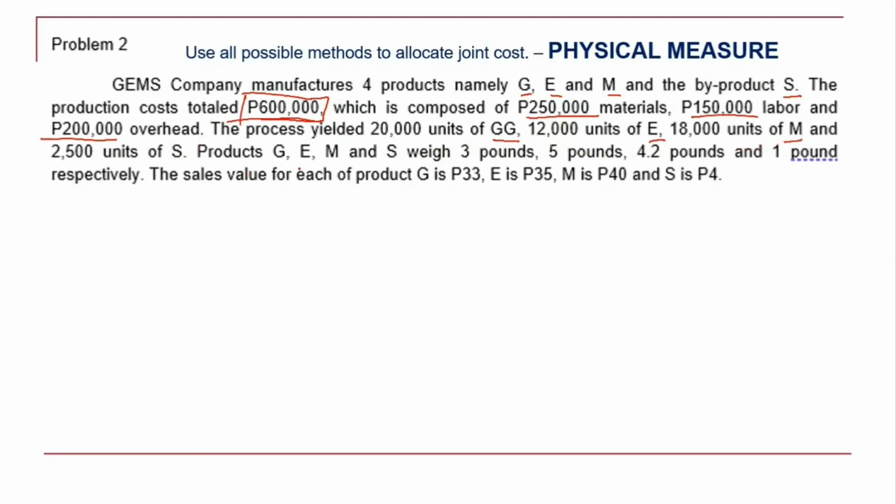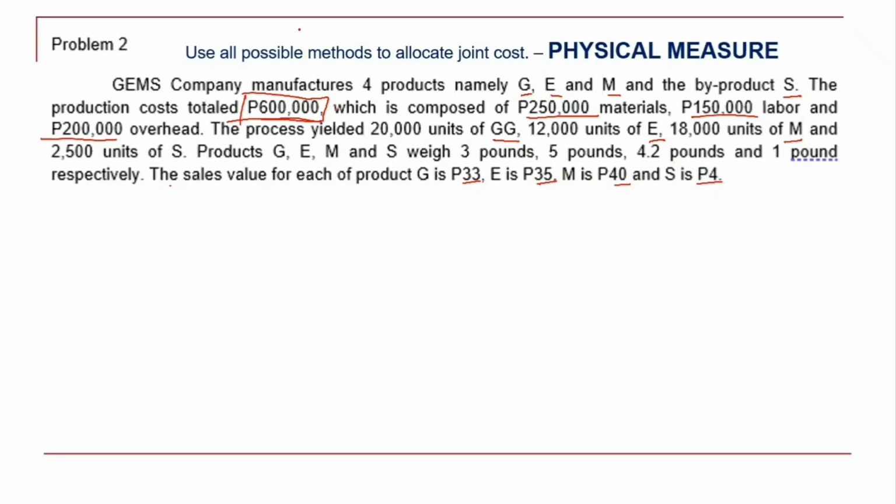So products G, E, M, and S weigh 3 pounds, 5 pounds, 4.2 pounds, and 1 pound respectively. Sabi po dito, the sales value for each of product G is 33, E is 35, M is 40, S is 4 pesos. Yung ating byproduct.